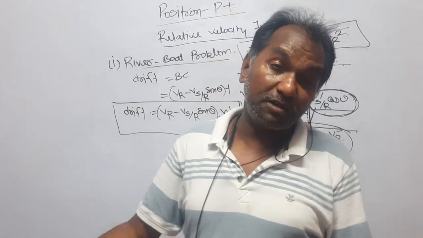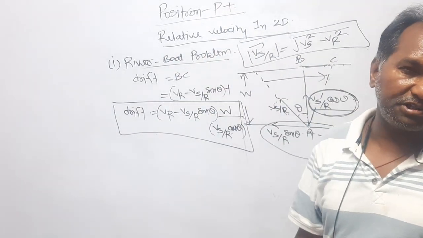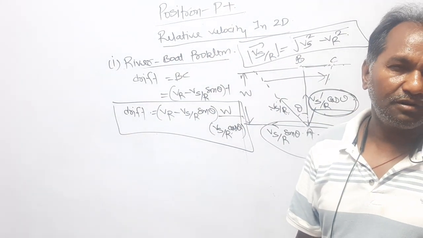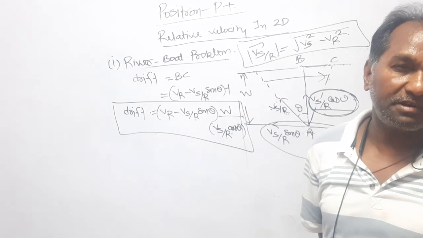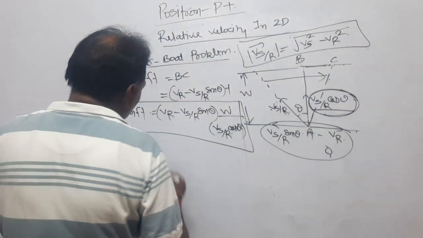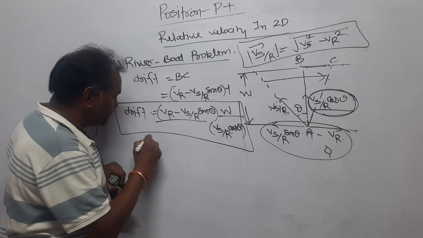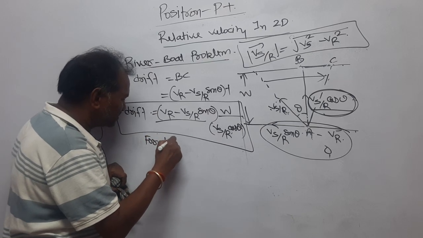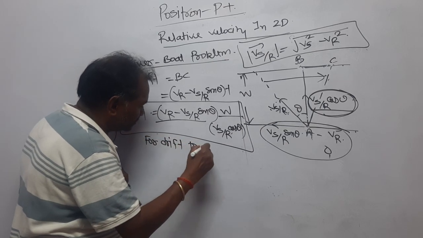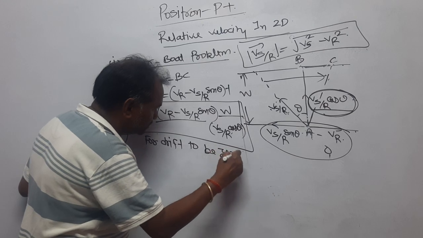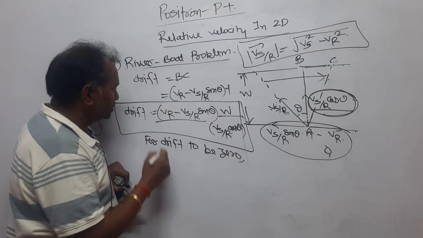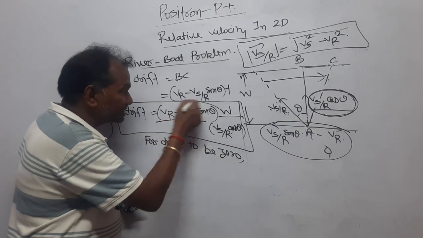Now, a question might be asked: what should be the condition that drift is zero? For drift to be zero, look here, very simple. This is the deciding factor.